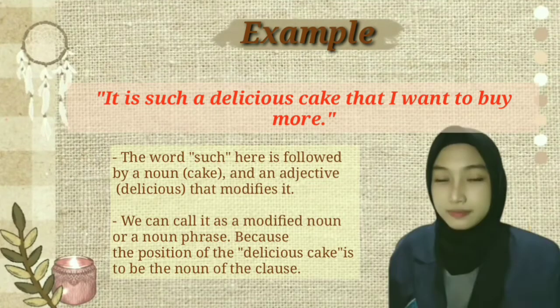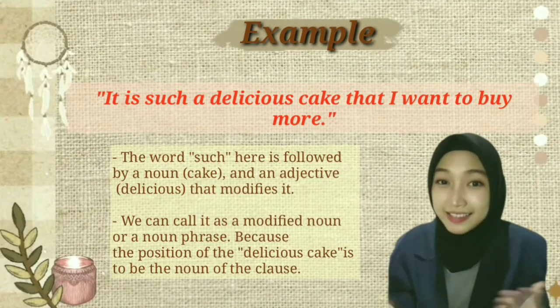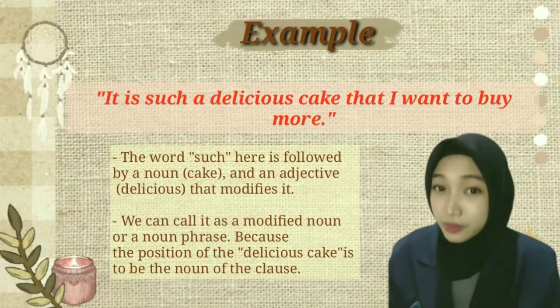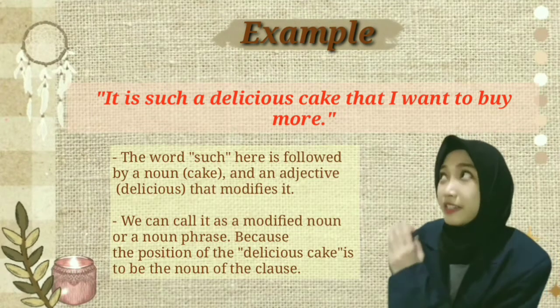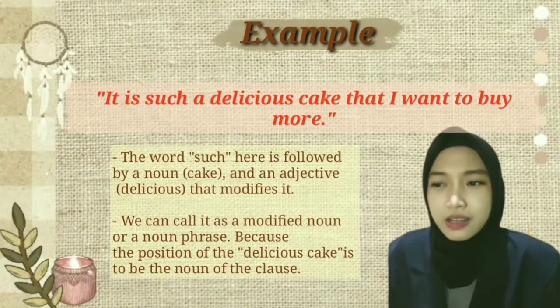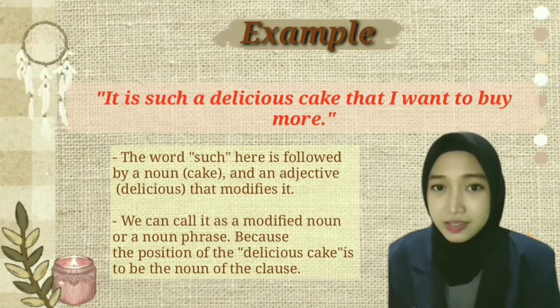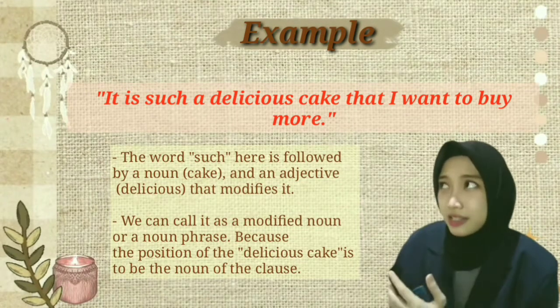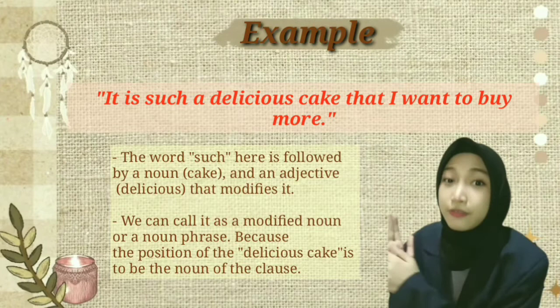Okay? So, as can be seen right here, the word such is usually followed by an adjective plus noun. For its use, it's basically the same as so, to describe the degree of something, in this case, an adjective plus noun.